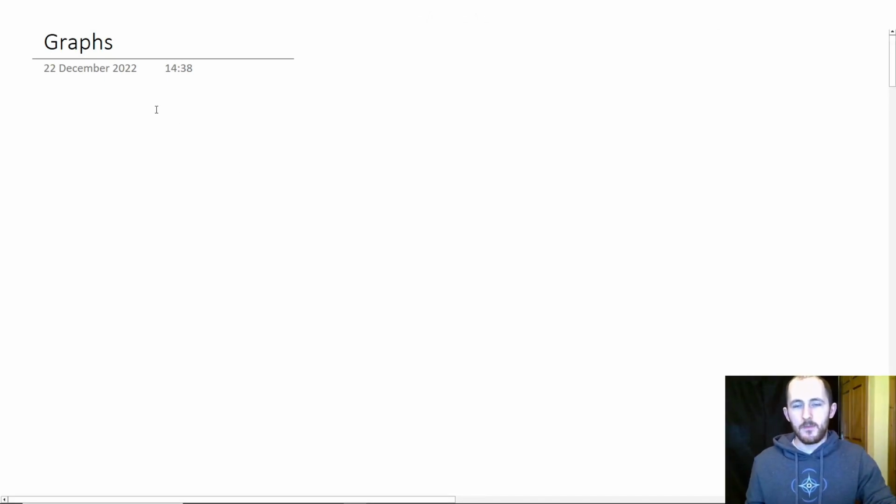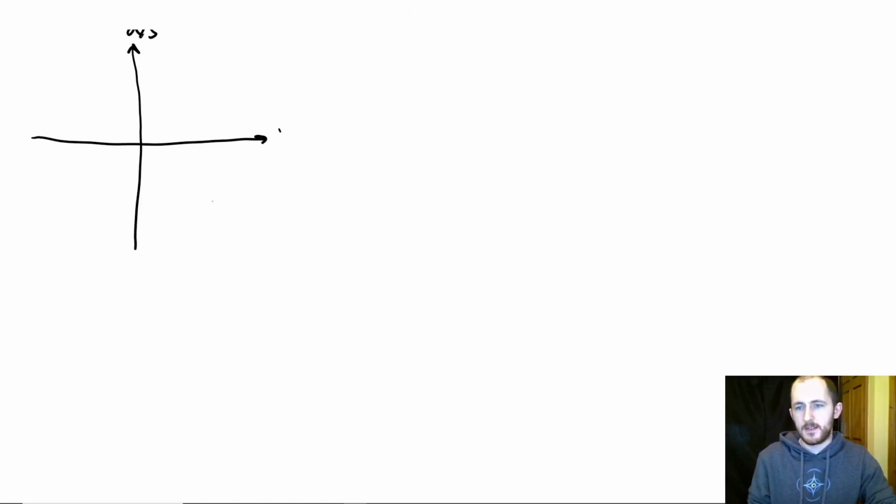So, for mechanics specifically, here are the kinds of graphs that you can expect to come across. You're going to have the standard displacement time graphs, right? Displacement or distance, it doesn't really make a difference, so we can call it D or S, and it's going to be against time.